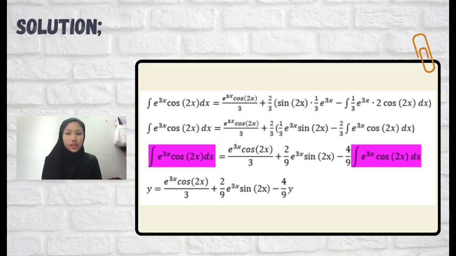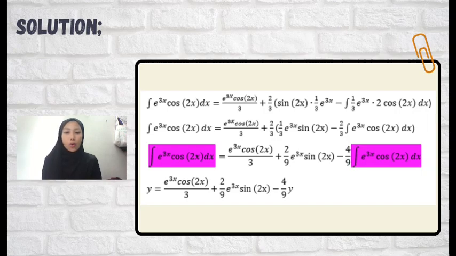As we can see in the figure above, the integral is the same as the simplified IBP on the picture. So we can conclude that the highlighted part, we can substitute it with y.